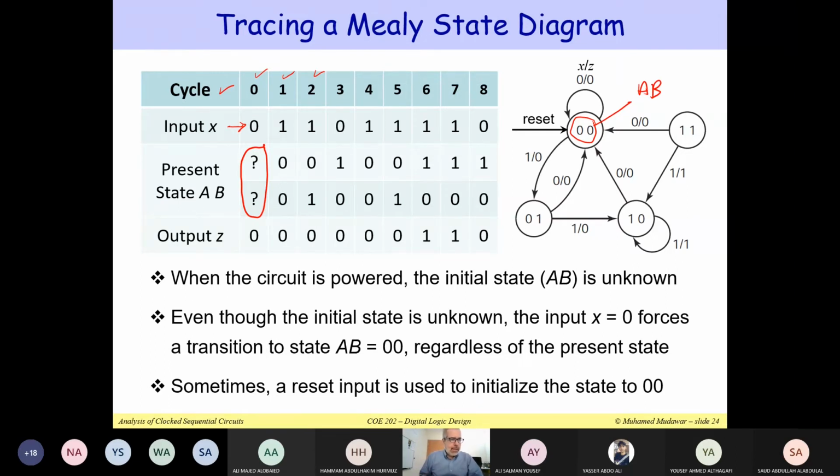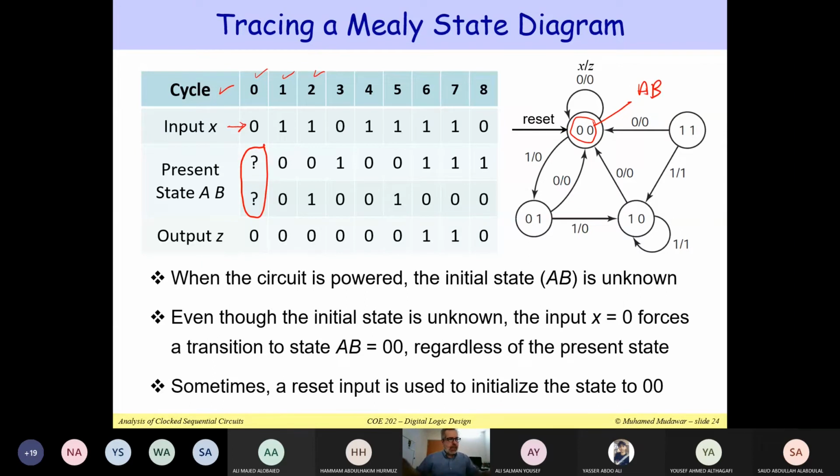You don't know what the initial state is. You can have a reset that will force the initial state to be 0,0, because when you reset, you are clearing all the flip-flops that you have in a sequential circuit.